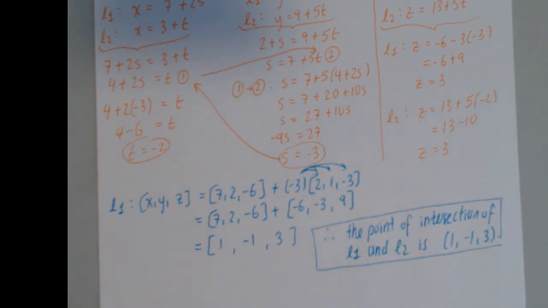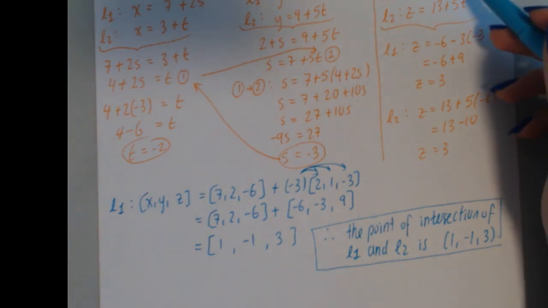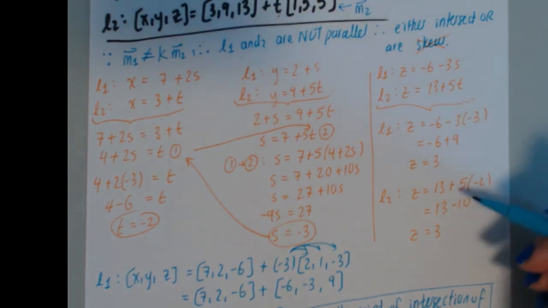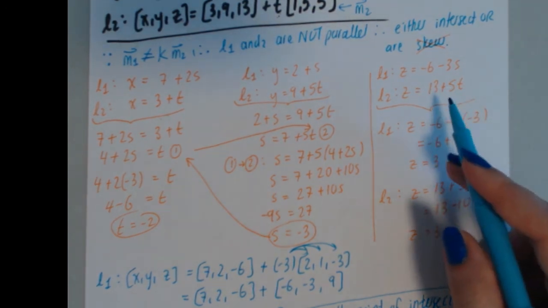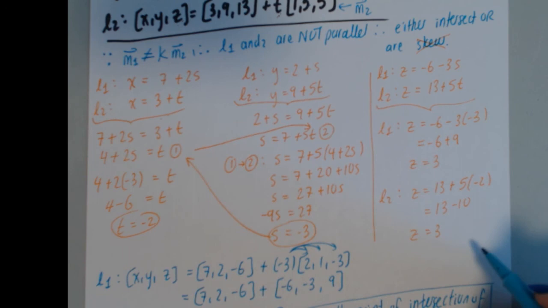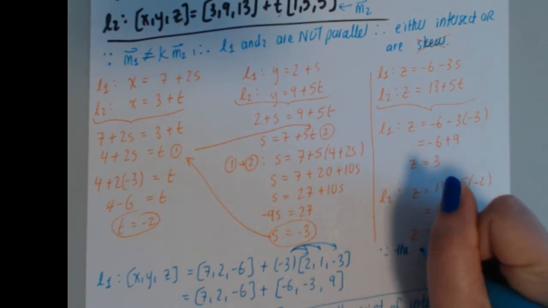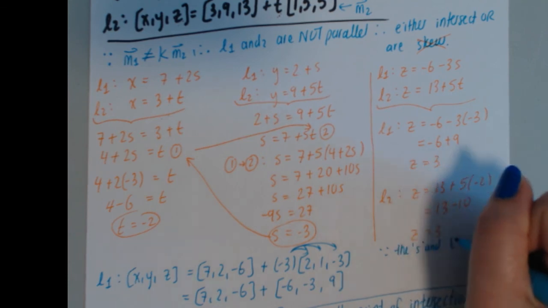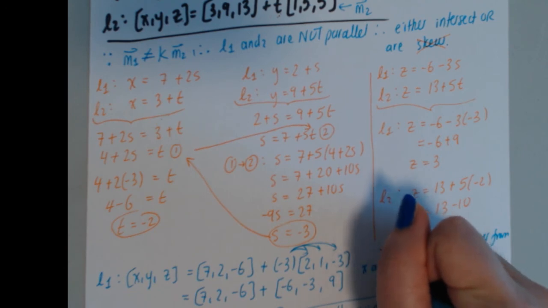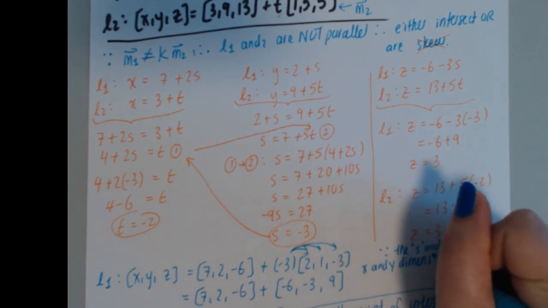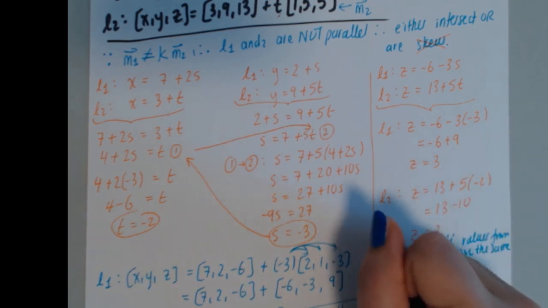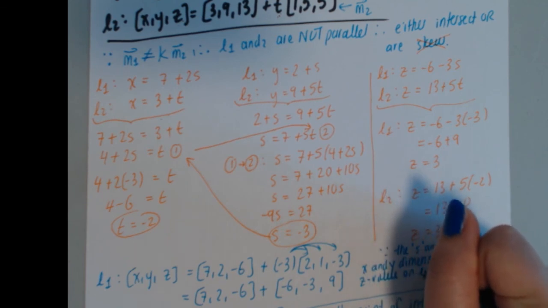All right, there's one more thing I want to add to the solution just to make it thorough, and that is why we ended up crossing out that it's skew. Okay, so since the S and T values give the same value for Z from L1 and L2, therefore there is some point of intersection. So we should state that in some way right here. Okay, so since the S and T values from X and Y dimensions give the same Z value on L1 and L2.